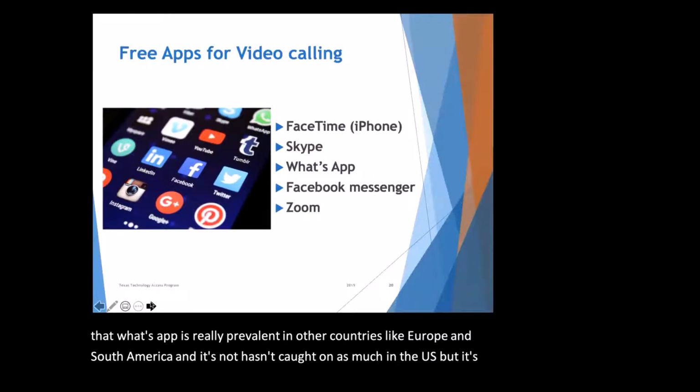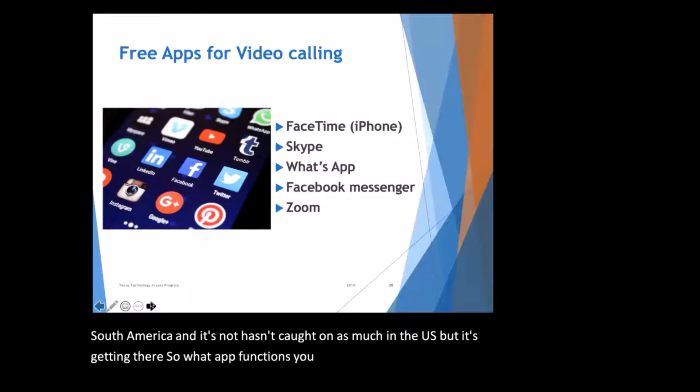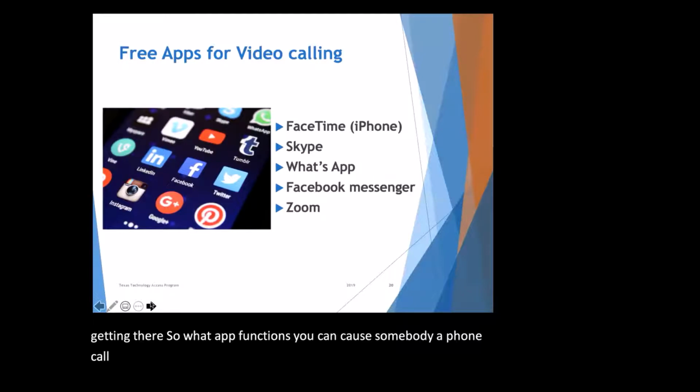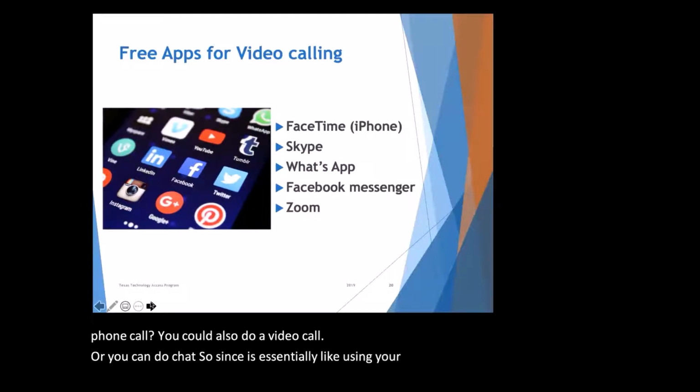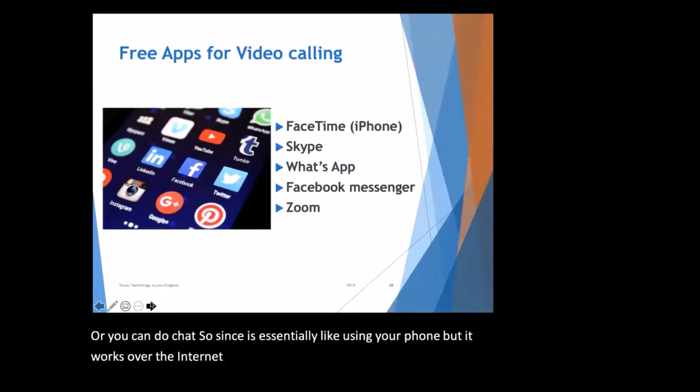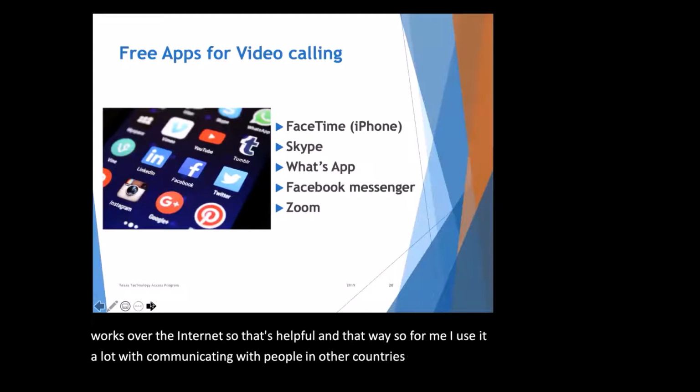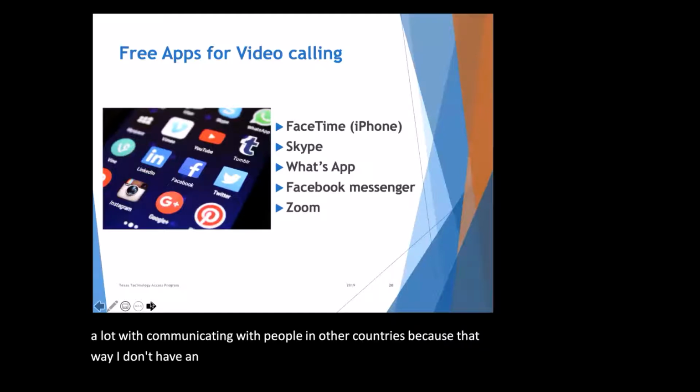So with WhatsApp, you can call somebody like a phone call, you can also do a video call, or you can do chat. So it's essentially like using your phone, but it works over the internet. So that's helpful. For me, I use it a lot to communicate with people in other countries, because that way I don't have an international phone charge, because it's just using the internet.